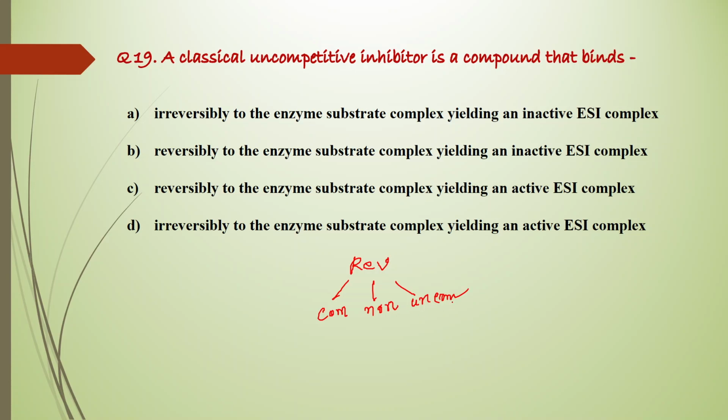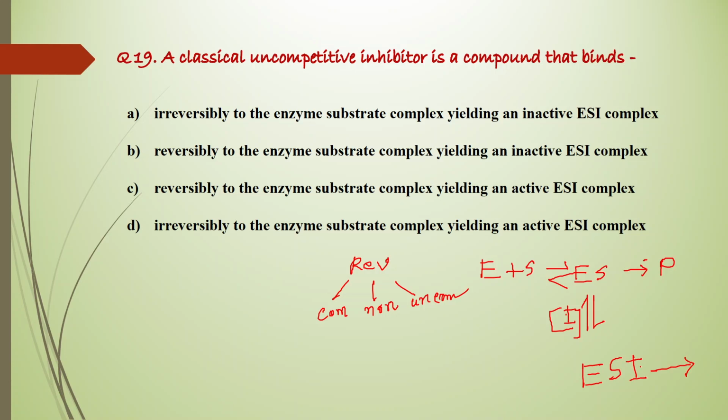Now what is the case for uncompetitive inhibition? If we do look, this is our normal enzyme catalysis reaction. Fine. Now what happens in case of uncompetitive is that the inhibitor binds with the enzyme substrate complex to form a ternary species, ESI.